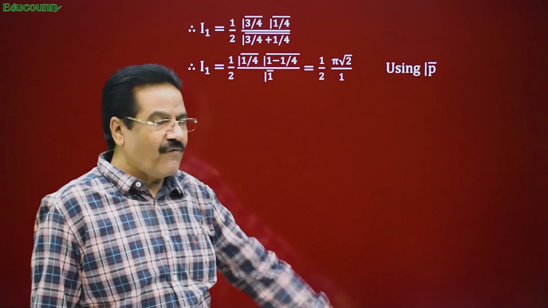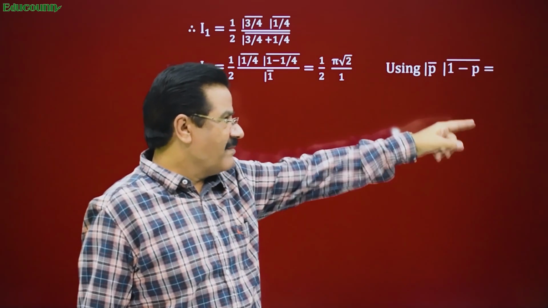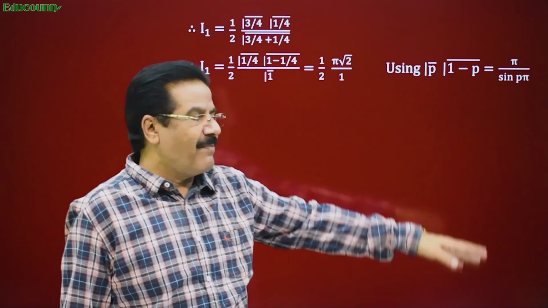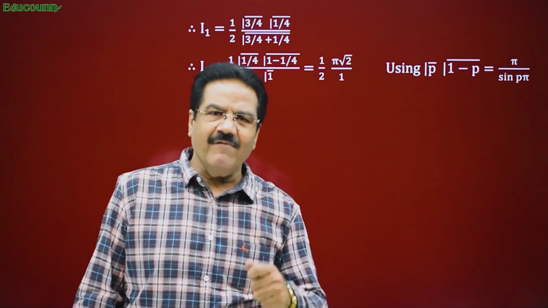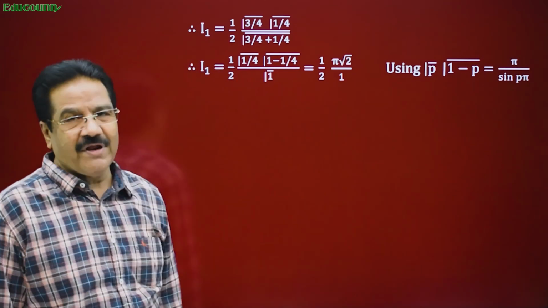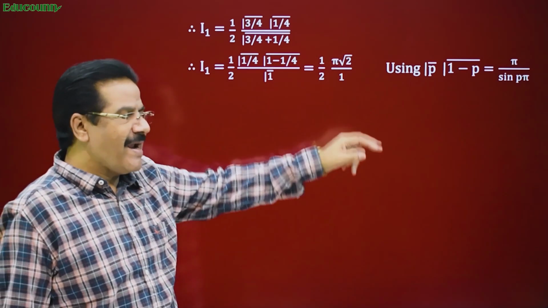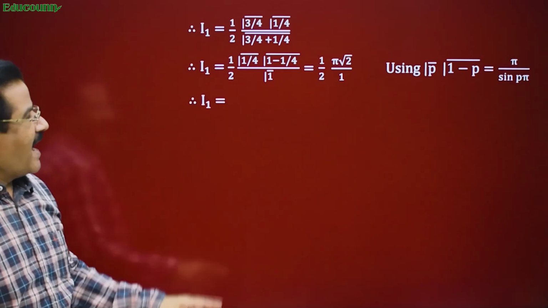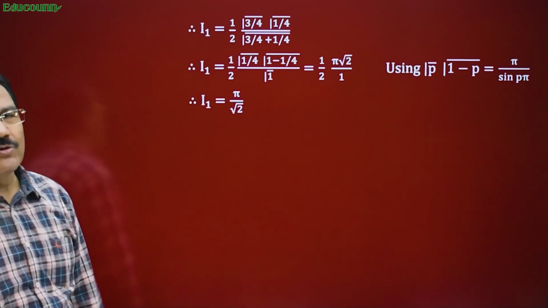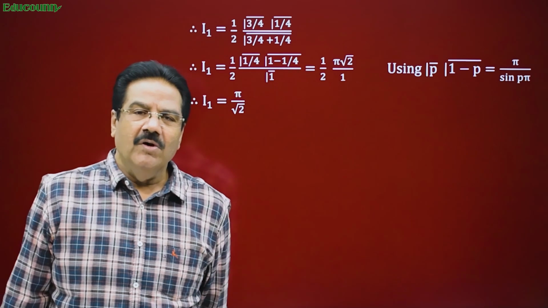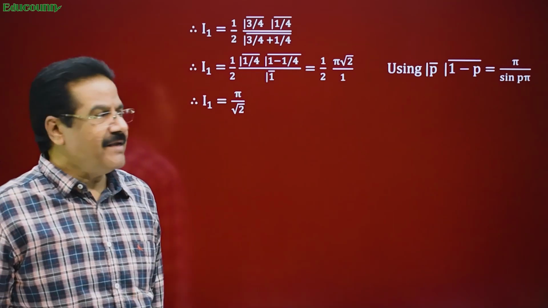We are using the formula gamma p gamma 1 minus p is equal to pi upon sine of p pi, where the value of p is 1 by 4 here. So in short, by taking the ratio of 2 and root 2, we can say that I1 is equal to pi upon root 2.